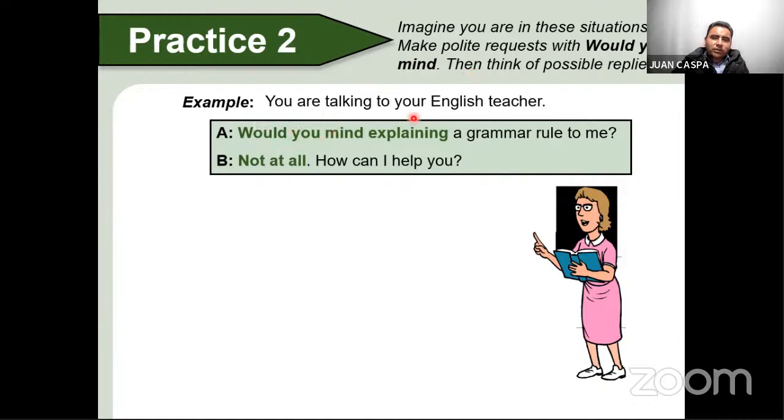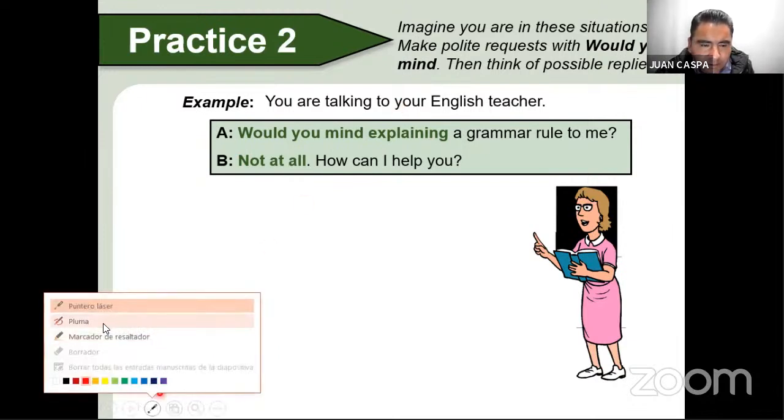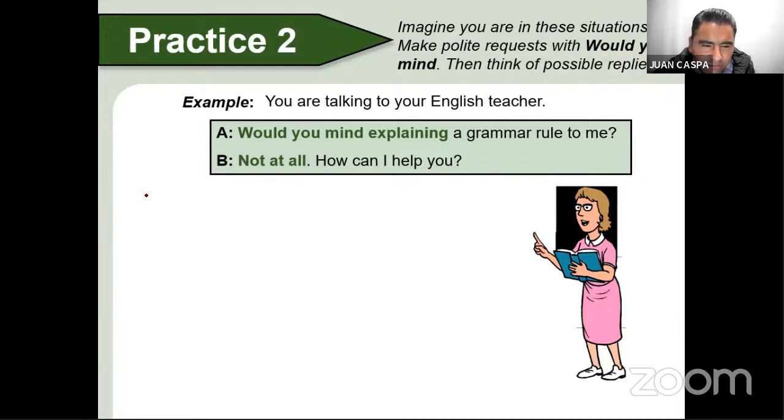Generalmente, cuando tú preguntas, would you mind? Tienes que responder no. Es como decir, this one, I'm going to write here. Would you mind if I sit next to you? ¿Te importaría si me siento a tu lado? For example, this one. Would you mind if I sit next to you?